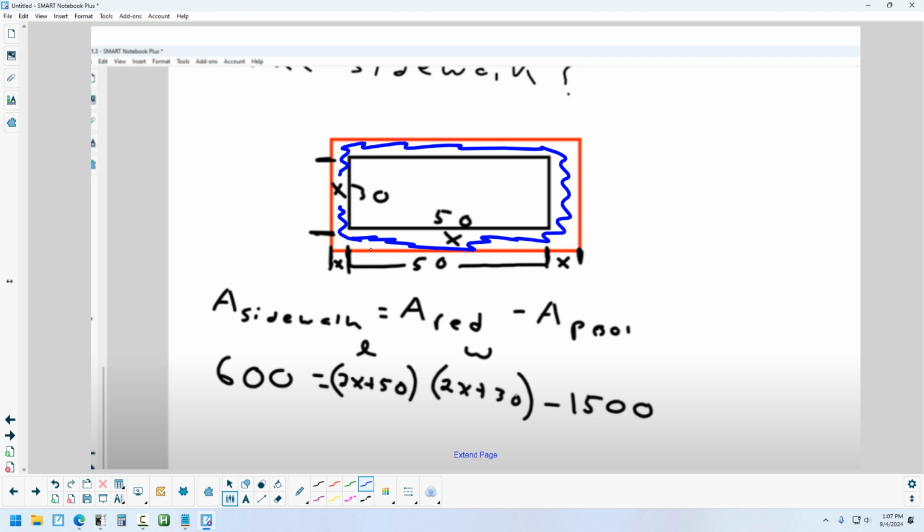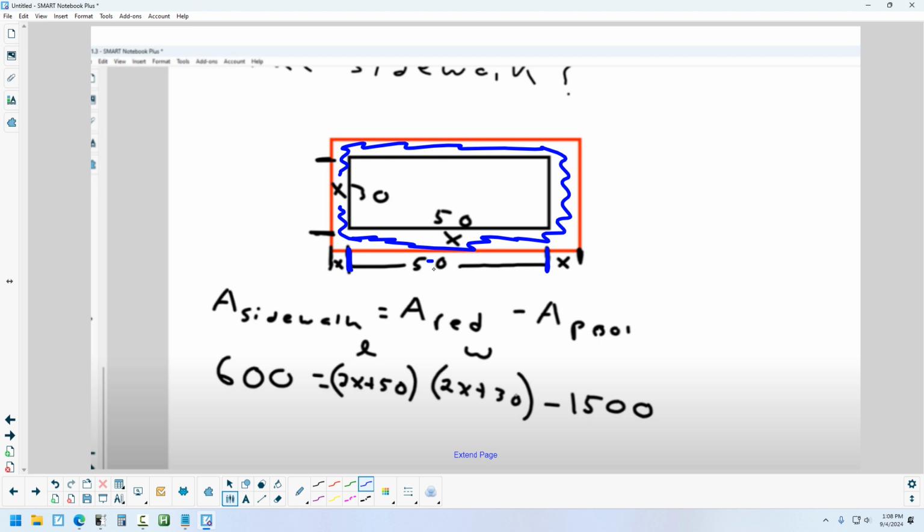So the red rectangle is 50 units long from there to there, but then it has the sidewalk on each end. And the sidewalk is X. So we added the sidewalk here to the sidewalk here and added it to the 50. And that's how we got 50 plus 2X.